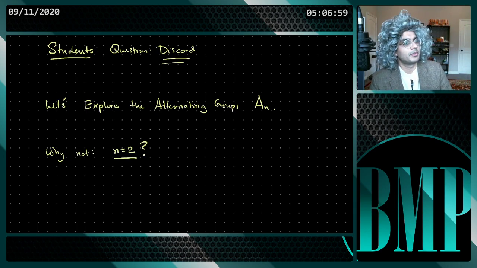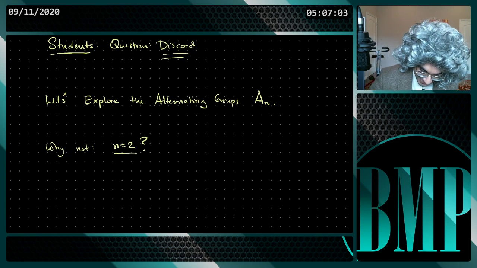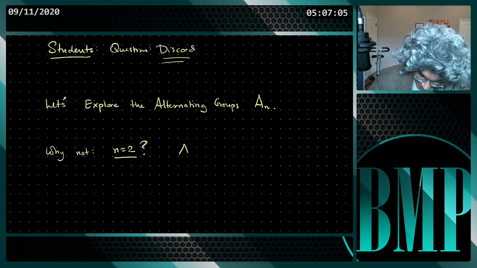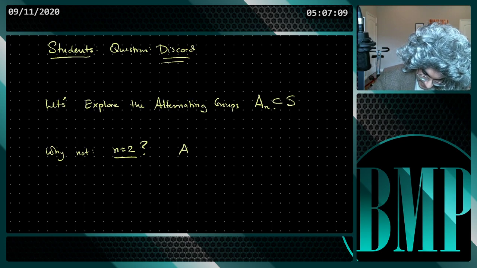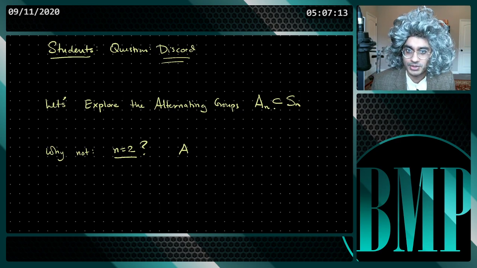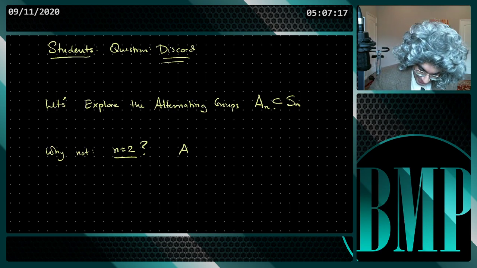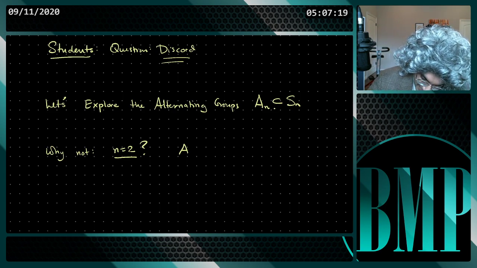That's a reasonable number. Okay. So the alternating group is a subgroup of the symmetric group on n letters, n symbols, n things. And it consists of the even permutations.